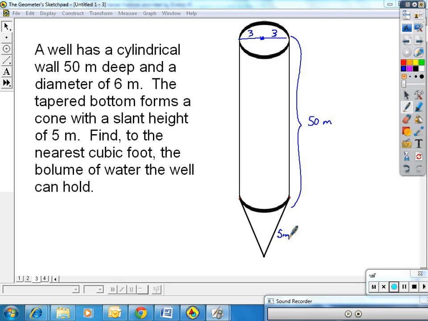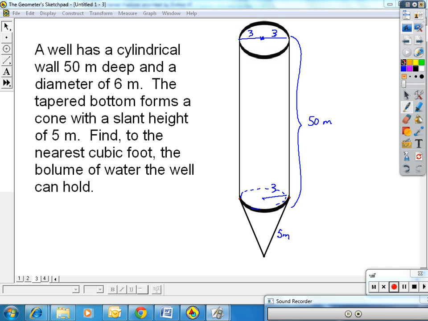Okay. Now you should realize, since a cylinder has a flat top, this circle is right here as well, and that distance, the radius, is 3. So we break this into two parts, right?